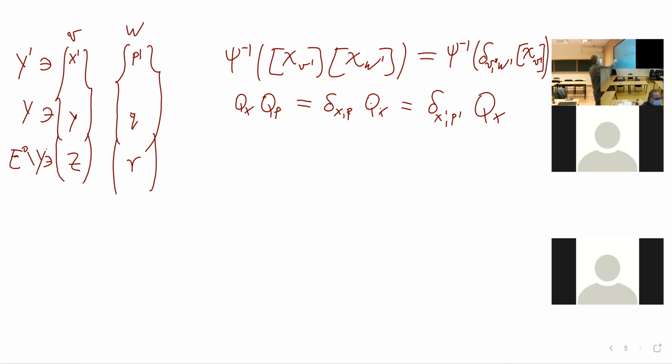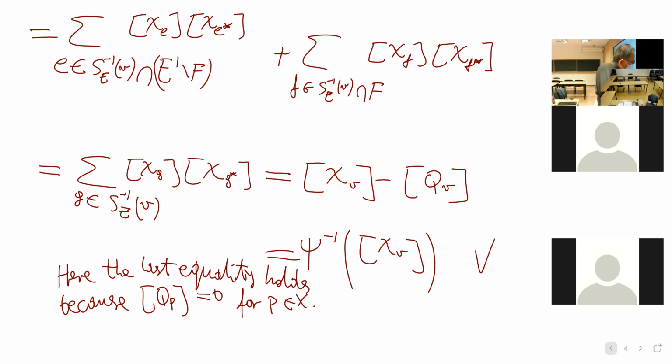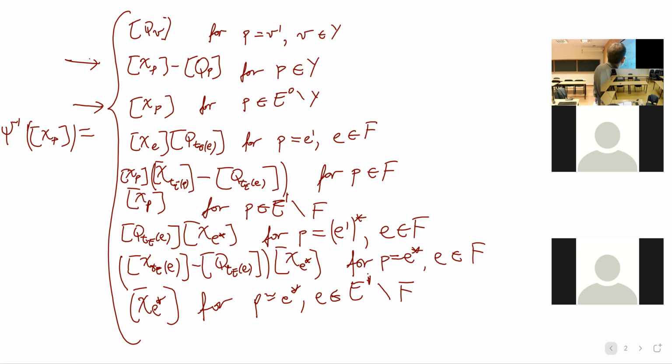Now I'm taking, say, x prime and q. So for x prime, I'll have qx. And what do I have for q? Now q is in y. And when we are in y, we apply this formula. Here I don't have to prime anything, but I just write the difference.